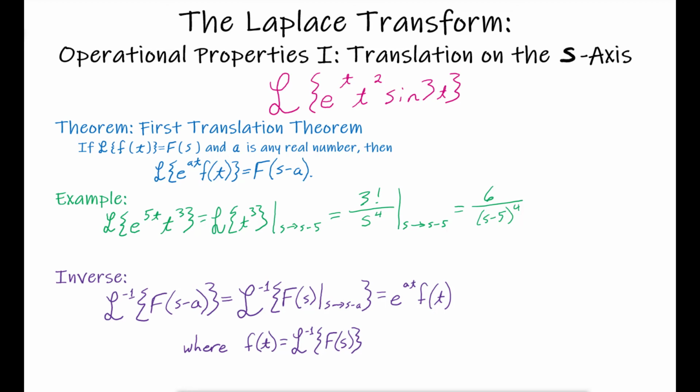The substitution that's been made is whatever that something was became s minus 5. So my substitution that was made was plugging s minus 5 in for s, and my underlying function is just 6 over s to the 4th. And then I can use previous theorems to find that inverse transform.